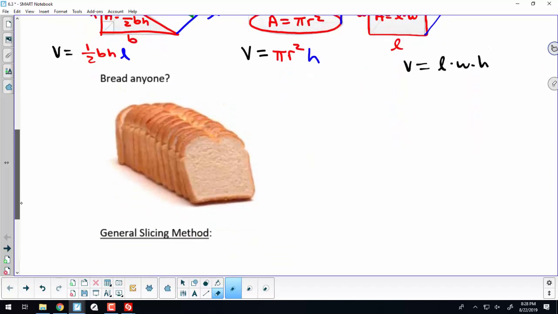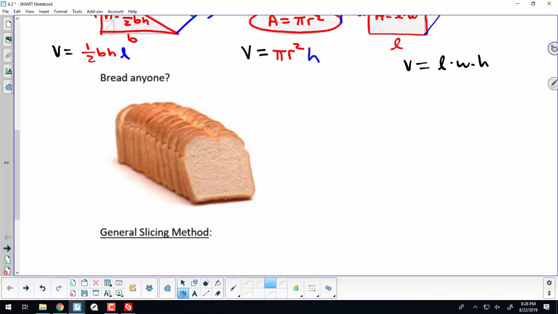So the idea is, how do we find the volume of a loaf of bread? We're going to cut it up into super thin pieces and calculate the area. The nice thing for us is we have nice figures with respect to an area. We calculate the area of its face, and then we just multiply through by whatever this is.